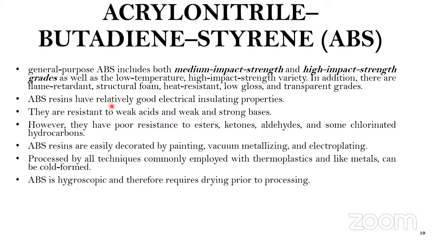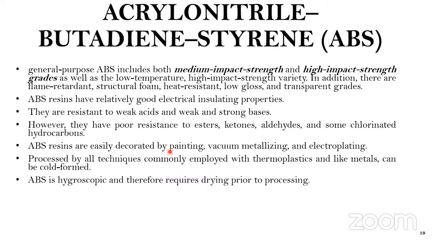ABS resin has relatively good electrical insulation property. They have very high resistance to weak acids, and weak and strong bases. However, they have poor resistance to esters, ketones, aldehydes, and some chlorinated hydrocarbons.